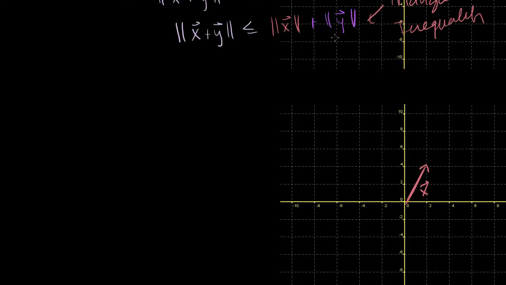And let's say my vector y, well, I'm just going to do it head to tail because I'm going to add the 2. So my vector y, I'm going to do it in non-standard position. Let's say that's my vector y.